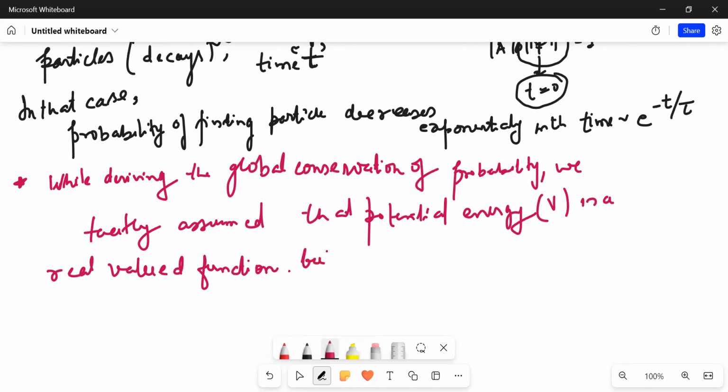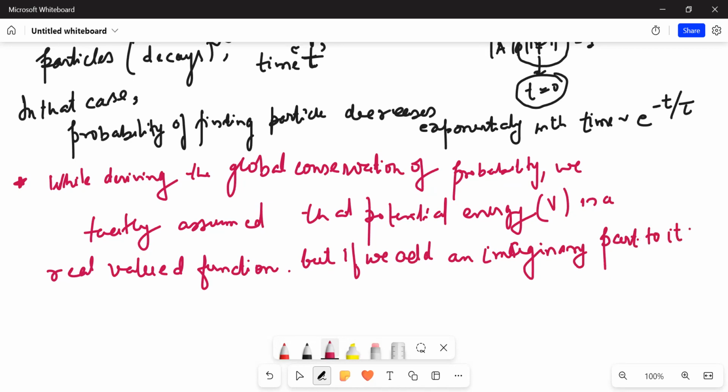But if we add an imaginary part to it, that is the potential energy, then probability depends upon time.